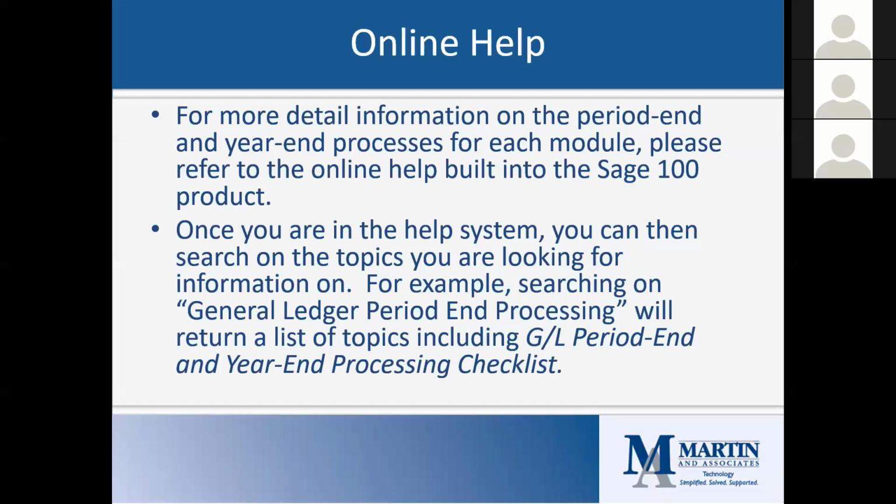You can click on that and go down to the option called About This Window, and it takes you to Sage's online help for that module's period end close. It's a good little thing you could read through about what happens during that module's period end close.